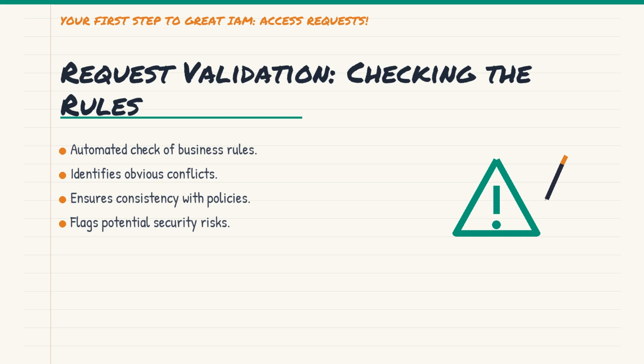It's looking for things that are obviously wrong or violate basic rules. For example, if a request asks for access that's known to be risky, or if it clashes with a segregation of duties rule, which we'll talk about later, but basically means no one person should have too much power, the system might flag it immediately. It's like a spell checker for your request.